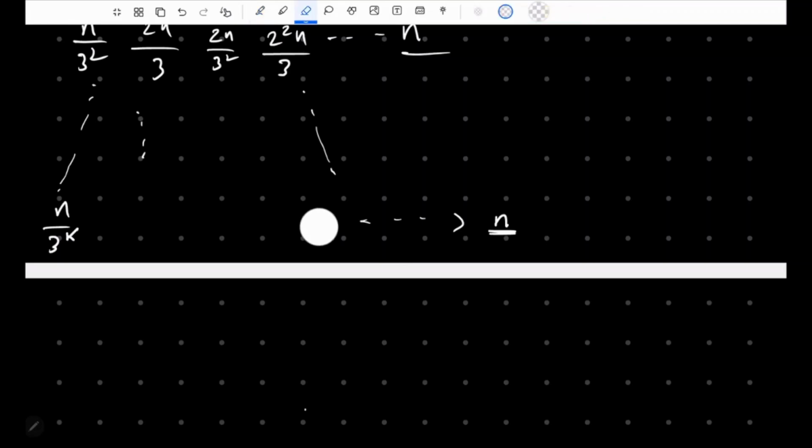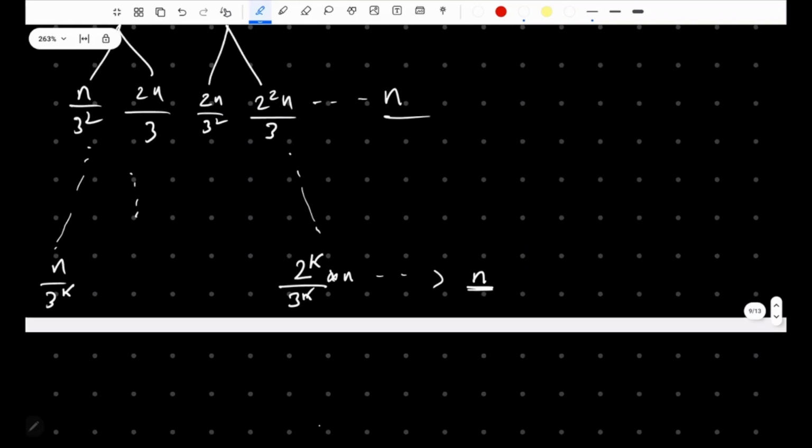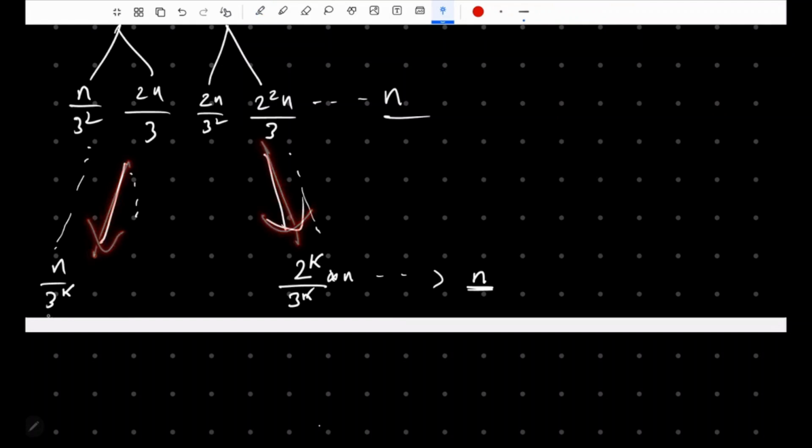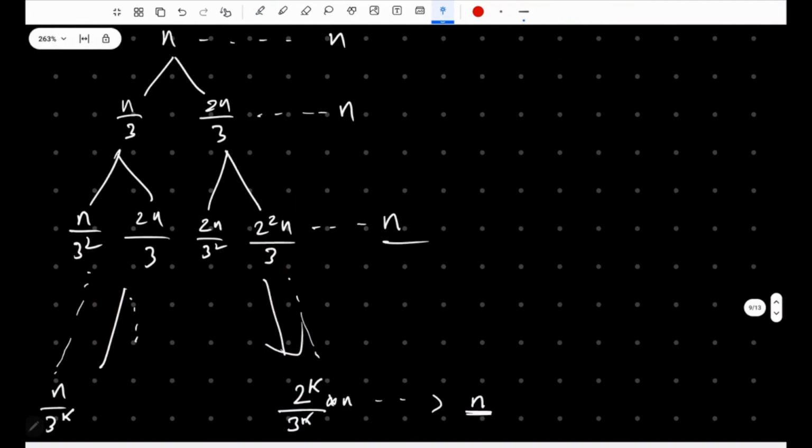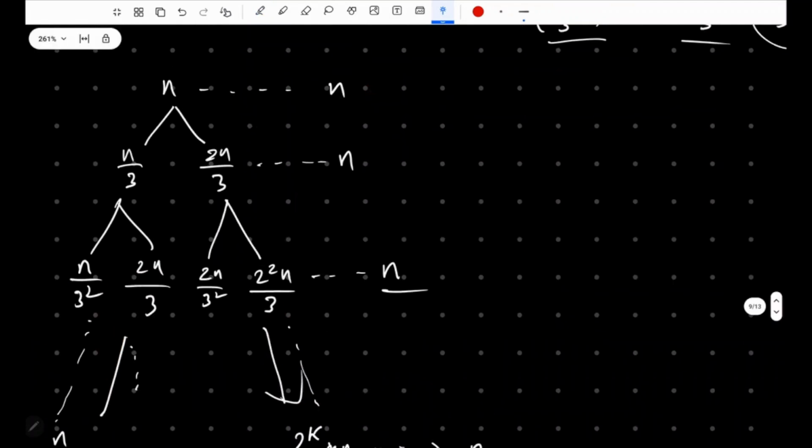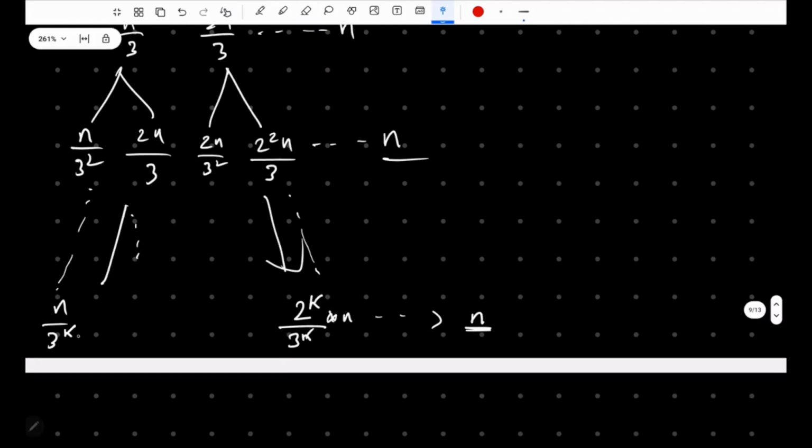And this will be 2 to the power k by 3 to the power k into n. So we can see if we do this k times on the left side and k times on the right side, we are getting this. If I do this 0 times, 1 time, 2 times, same thing, k times: here k is equal to 2, here k is equal to 1. So n by 3 to the power k.